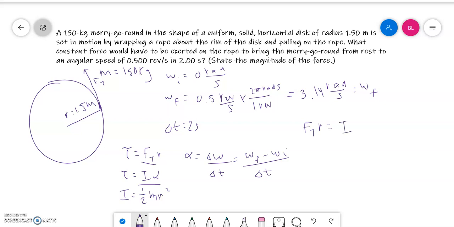We're able to set them equal to each other because they are both equal to the torque. And then I'm going to divide both sides by R.